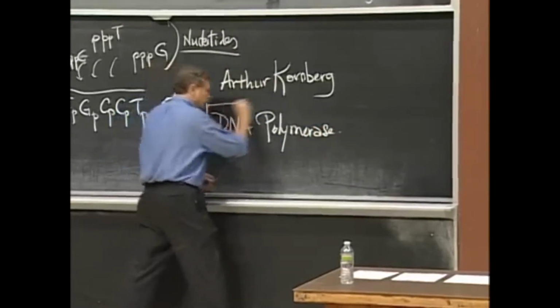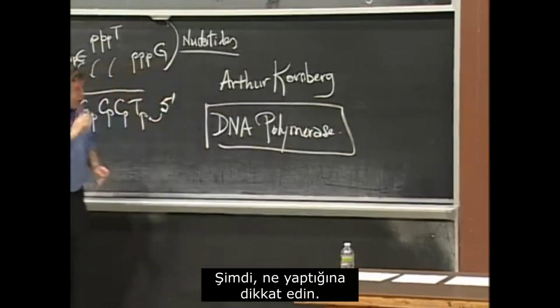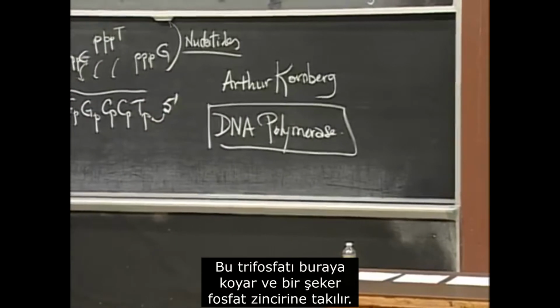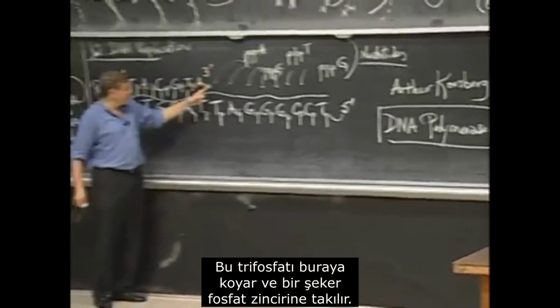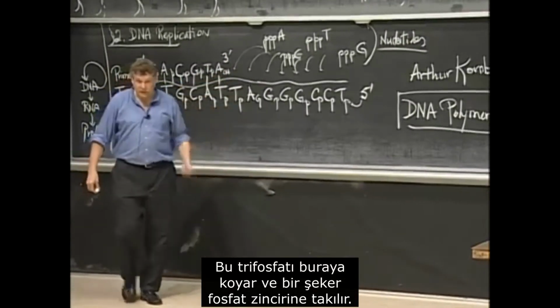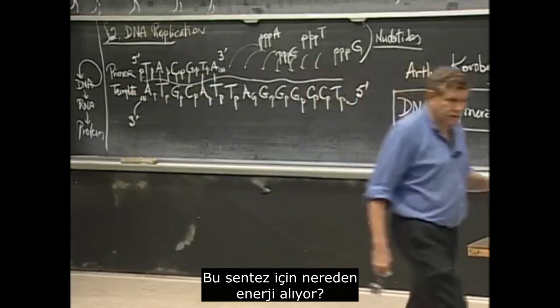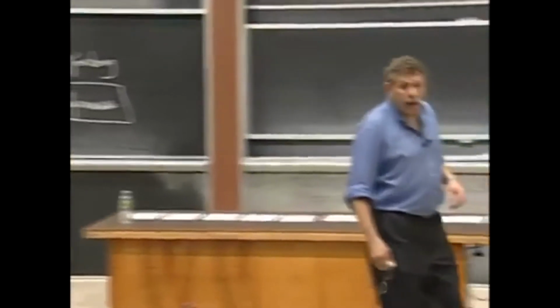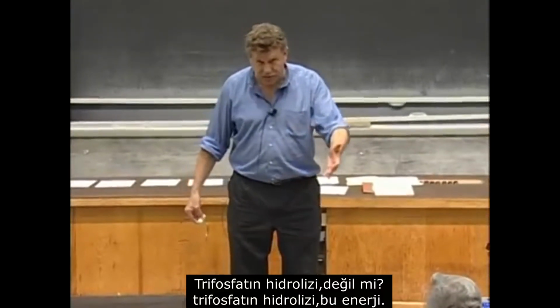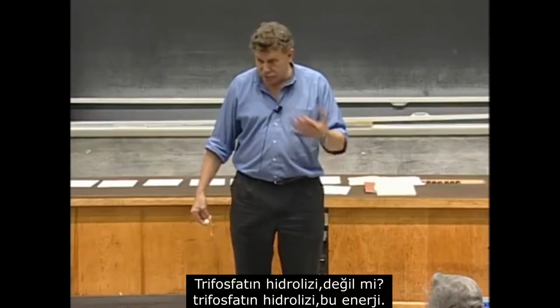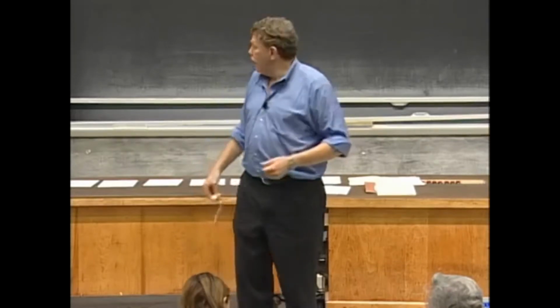Excellent. Now, notice what it does. It takes this triphosphate, puts it in here, and it joins it into a sugar phosphate chain. Where does it get the energy for that synthesis? Hydrolysis of the triphosphate, right? It's the hydrolysis of the triphosphate. That's the energy.